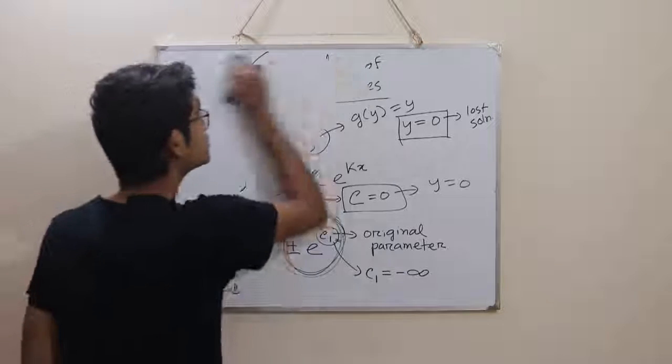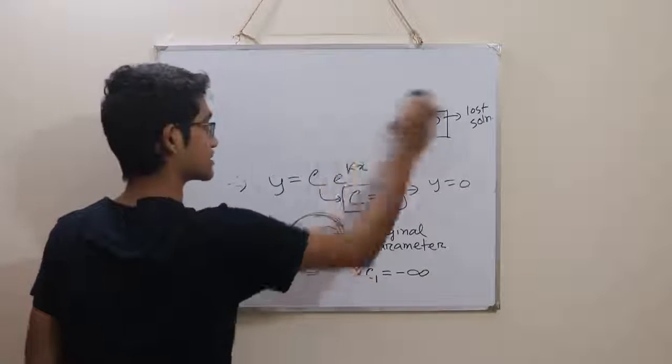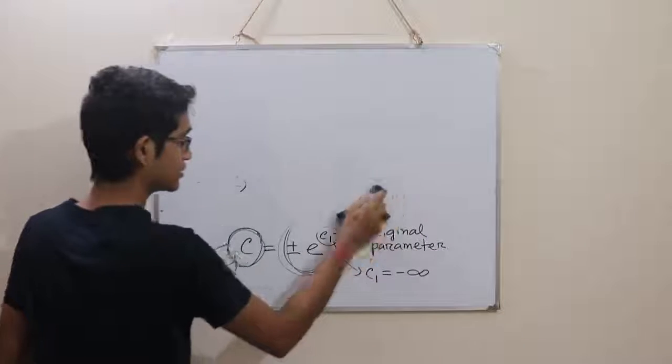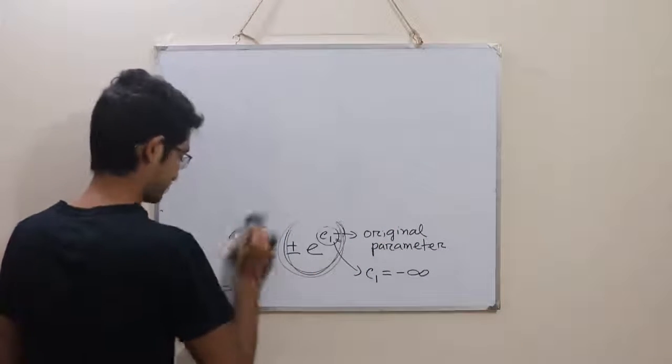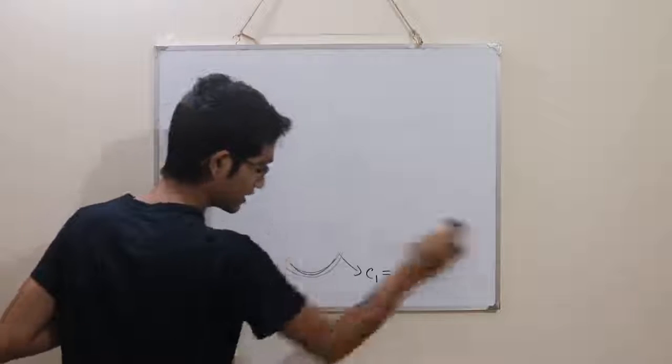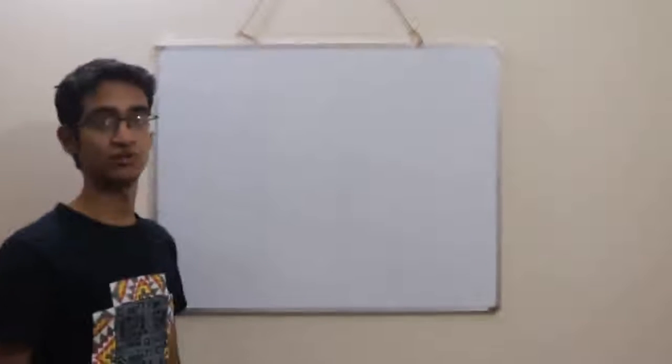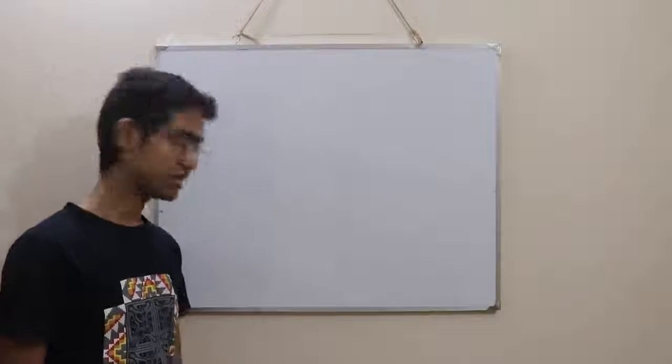Now let's take a look at some solutions that are said to be blowing up. I will explain what I mean in a minute, but first let's take a look at an example that will explain it better.